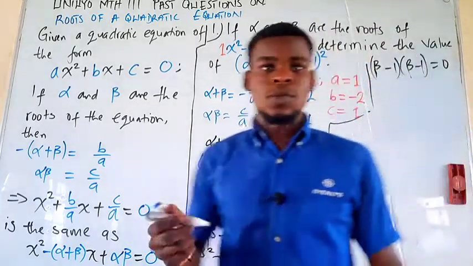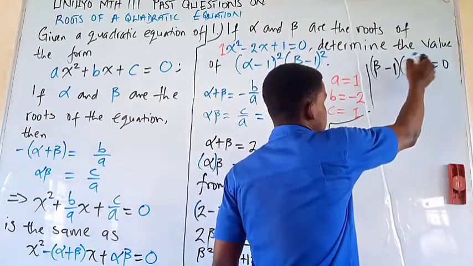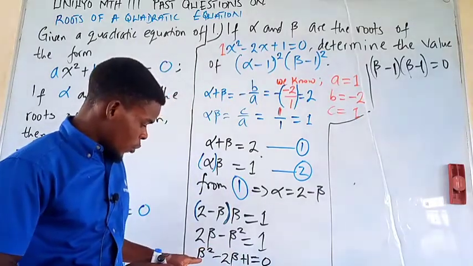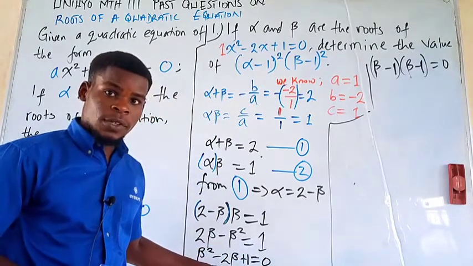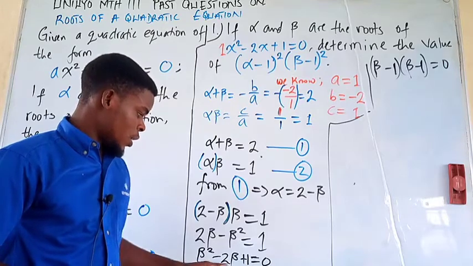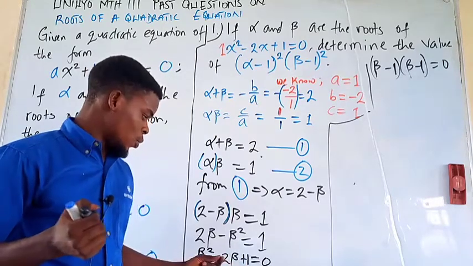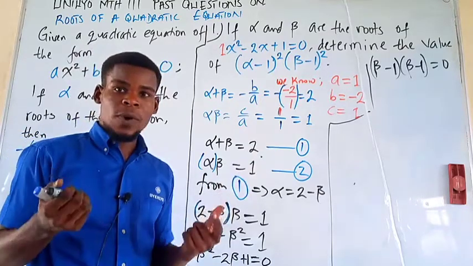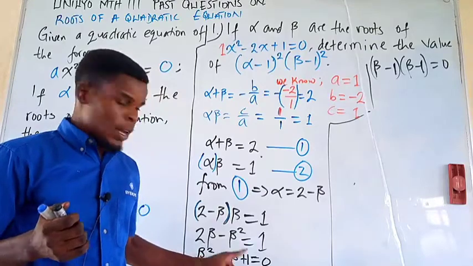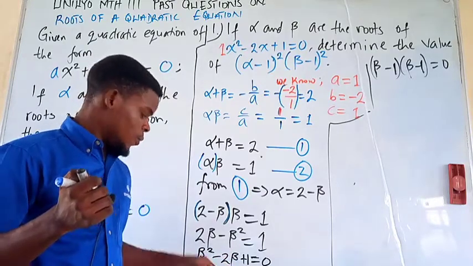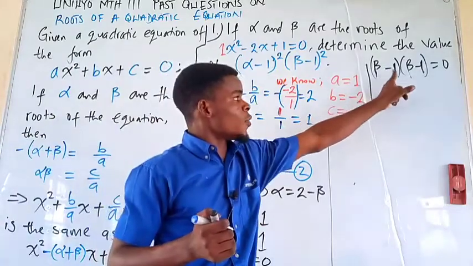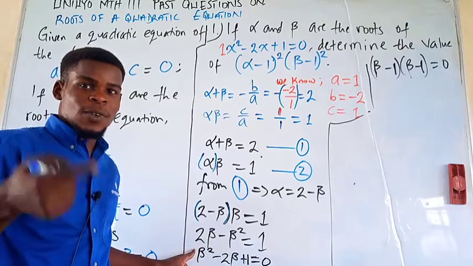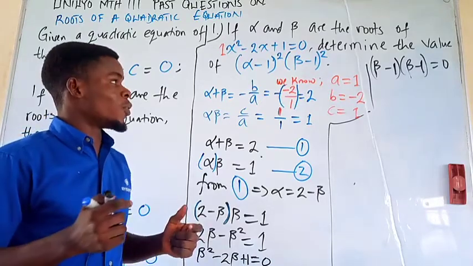You know how to do factorization by thinking of two values whose product gives the product of this term and this term, that is beta squared and 1, and whose sum gives this negative 2. If I multiply negative 1 with negative 1, I get positive 1, and if I add them, I get negative 2. So that is why I'm putting negative 1 here and negative 1 here, provided the coefficient of beta square is just 1. So you learn the factorization method for any quadratic equation.